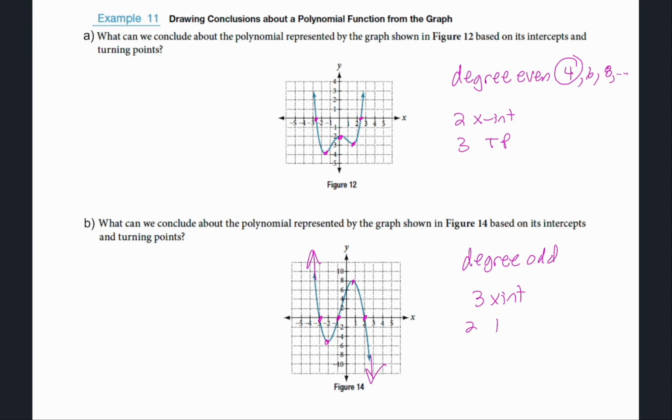There's 2 hills and valleys, 2 turning points. My bet, it's odd, it's probably 3. Could it be 5? Could it be 7? Sure. But it's at least 3, maybe 5 or 7 or higher. So we're just getting used to pulling apart a polynomial because eventually we're going to be able to graph them fairly accurately and fairly quickly.